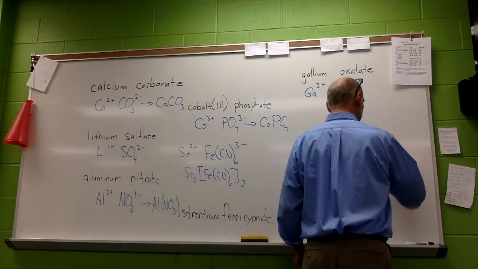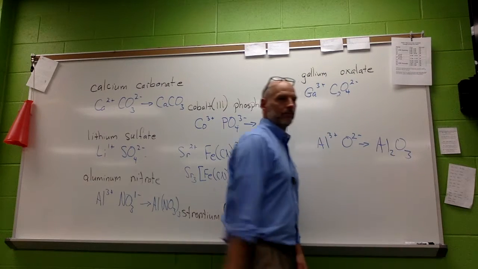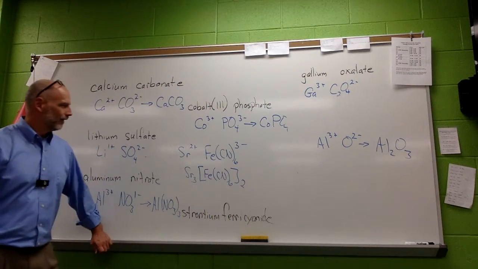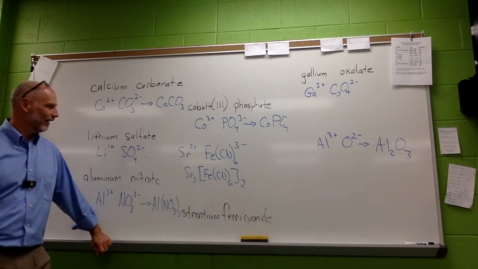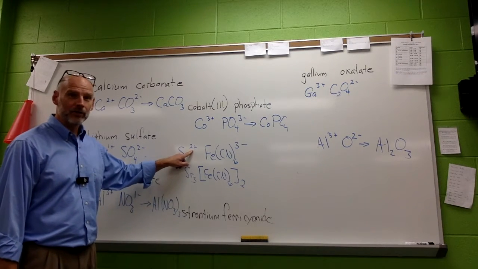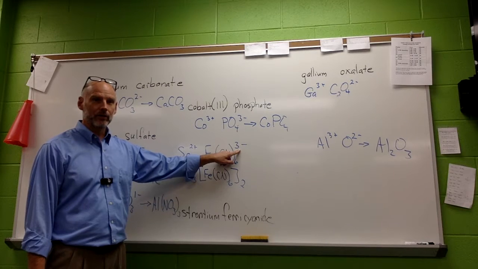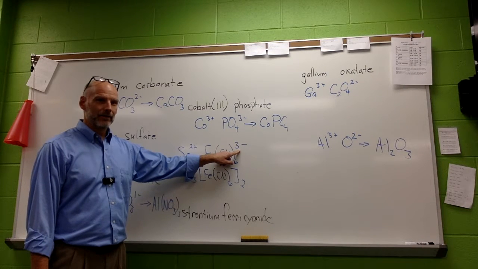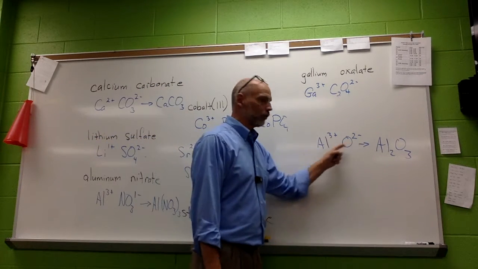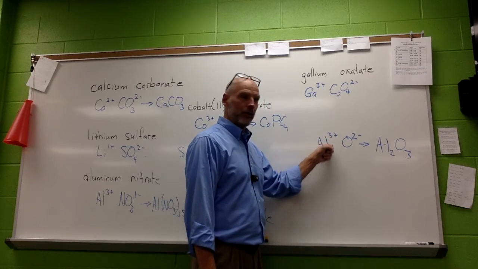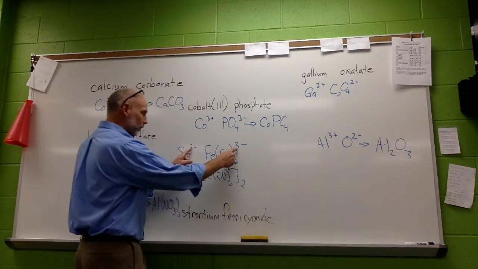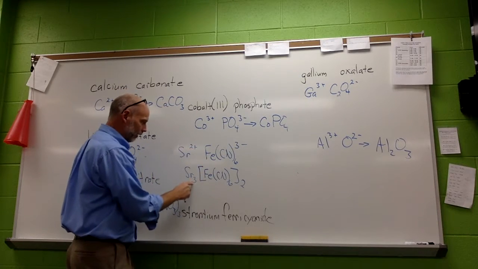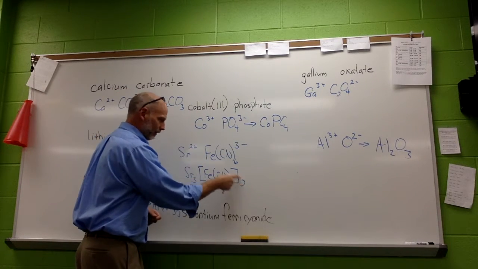Boom. There you go. Then why am I confused? This has a 2 plus. This has a 3 minus. Yeah, you're looking for 6. What's the lowest common multiple? 6. So I need 2 of these and 3 of these. So I need 3 of those and 2 of these.